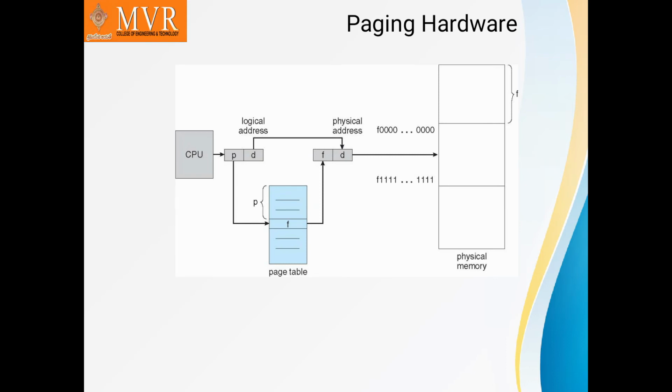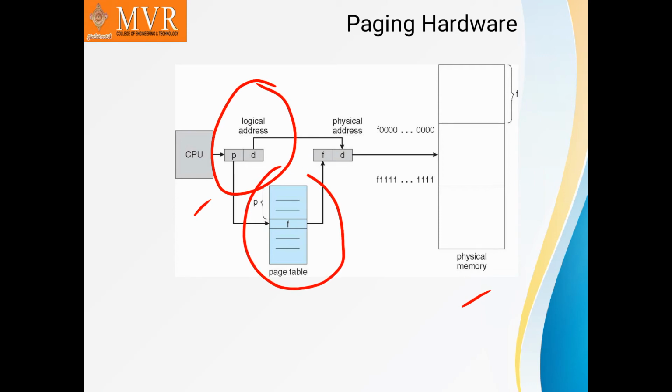This is the paging hardware. See here, the CPU and physical memory are there. The CPU has the logical address, which is P and D. P defines the page number, D defines the page offset. Okay, so here is the page table.